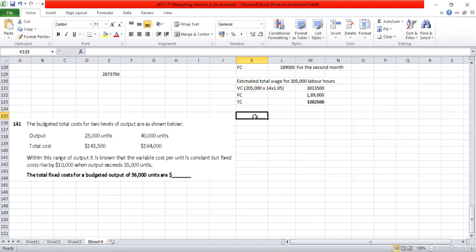The first level of 25,000 would be the same, but from 36,000 units onwards, it increases after it exceeds 35,000. So the fixed cost alone increases by 10,000. So at 40,000, that additional 10,000 cost which is included should first be eliminated, and then the rest follows.